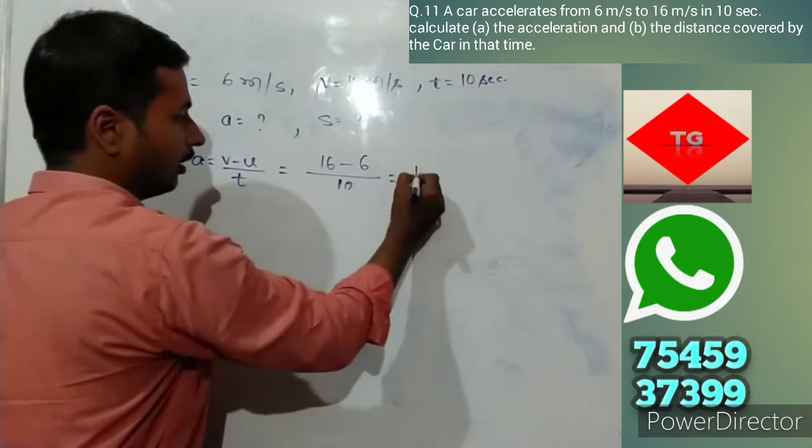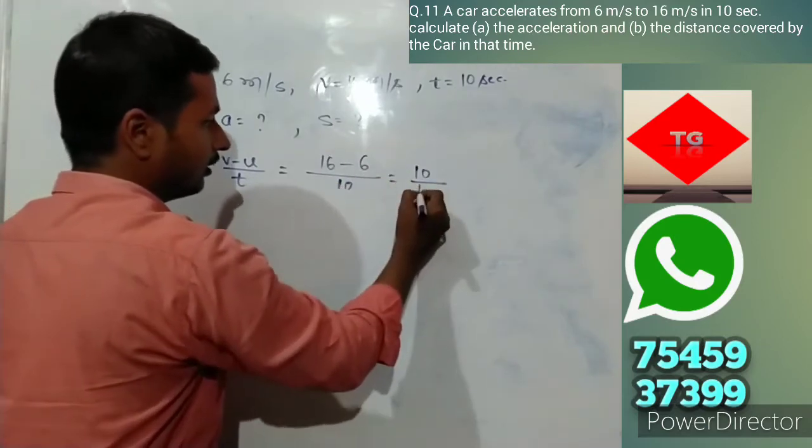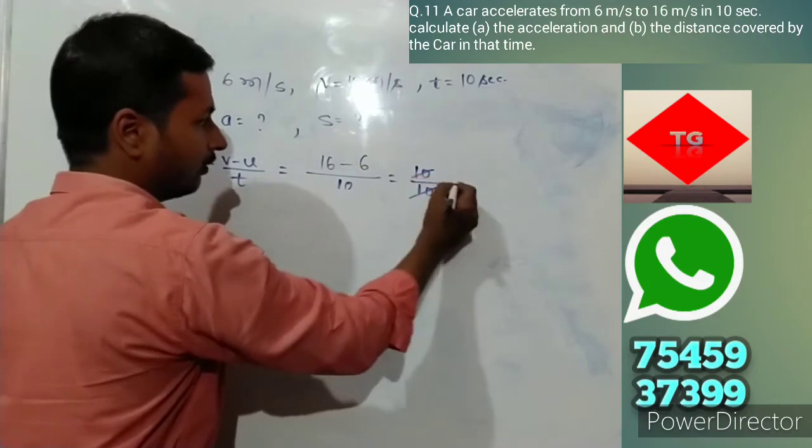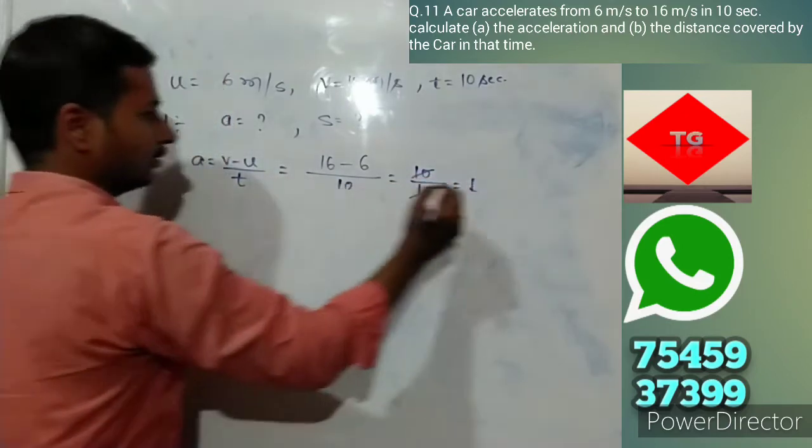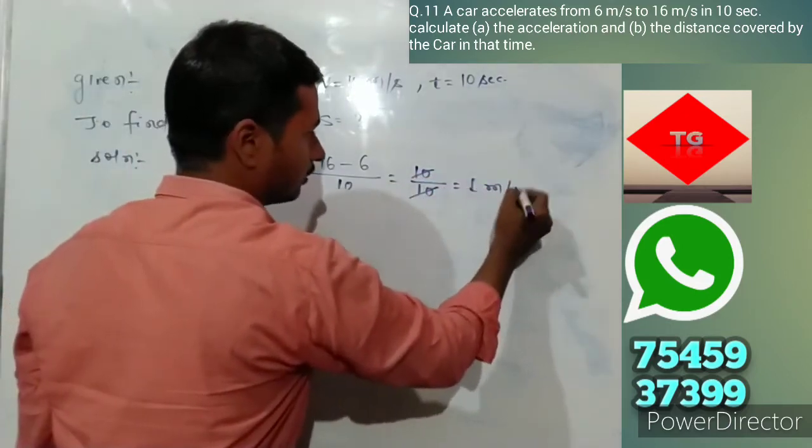Then 16 minus 6 is 10, and 10 divided by 10 gives 1 meter per second square.